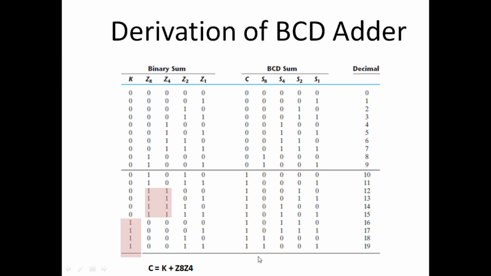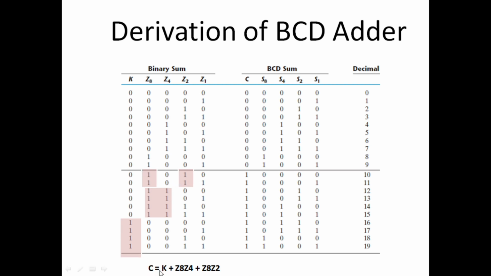If we look carefully at those 2 combinations, we see that when Z8 and Z2 are 1, the correction should also be added, and logically we can write it like this: plus Z8 and Z2.